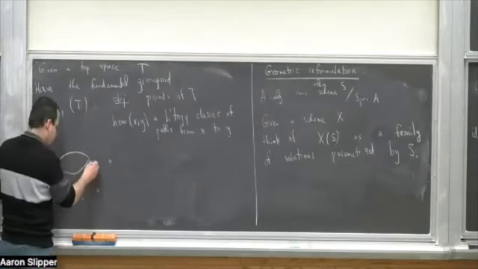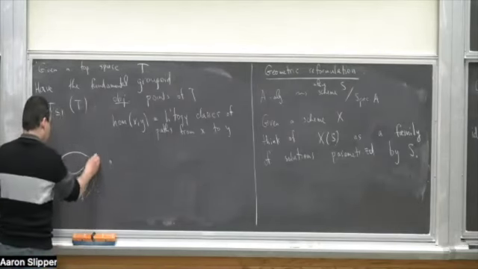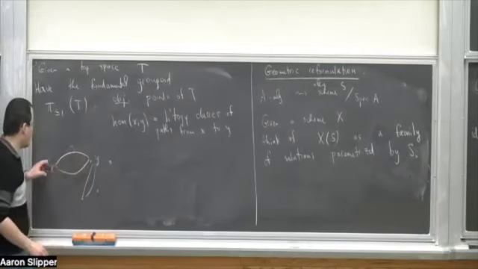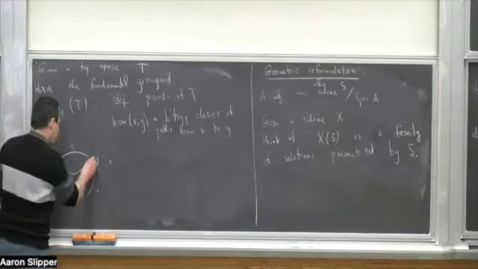For every element of G, this is X, Y. So for every point, there's going to be G's worth of arcs coming out of it, one for every element of G. I feel like this has a name.